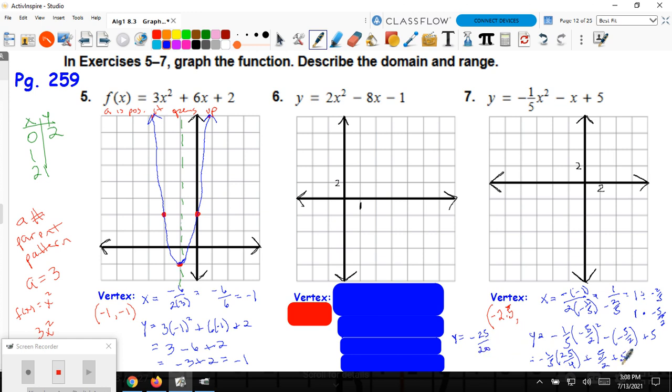So really we need each of these to be in 20ths to be able to work this out. So 5/2 in 20ths, I would multiply by 10, so that's plus 50/20. And if I think of this 5 as 5 over 1, 20 times 5 is 100, so it's going to be plus 100 over 20.